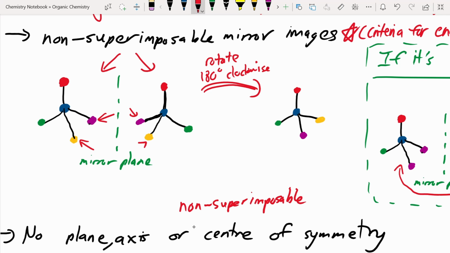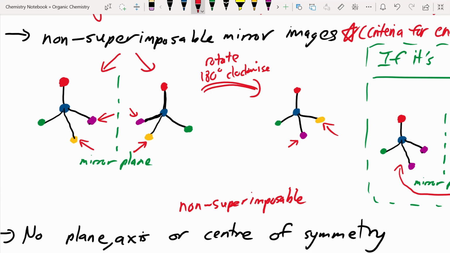But then if you rotate it in a certain way whereby your green ball and your red ball still remain at the same position, but on the opposite side, you realize that the purple ball and the orange ball switch directions. So the purple ball will be in front, but the orange ball will be at the back.